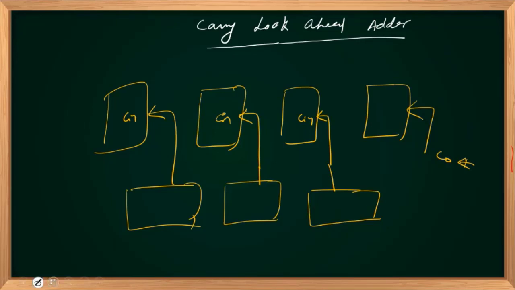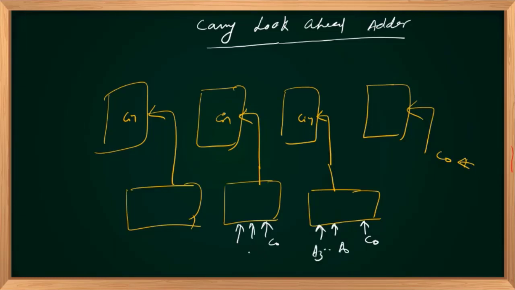And this logic will be accepting C0, A0, B0. Here it is A1, B1, or let me write all inputs A0 to A3, then it is perfect.